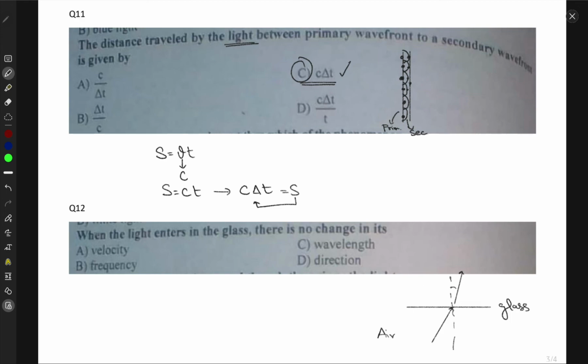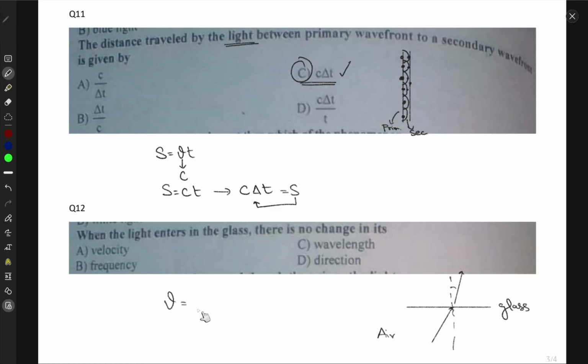So direction changes, right? Now direction is changing. We also know that v is velocity, and velocity also changes when it goes from a rarer to a denser medium or otherwise. So we know that light slows down when it goes through a denser medium. So velocity is also going to change.